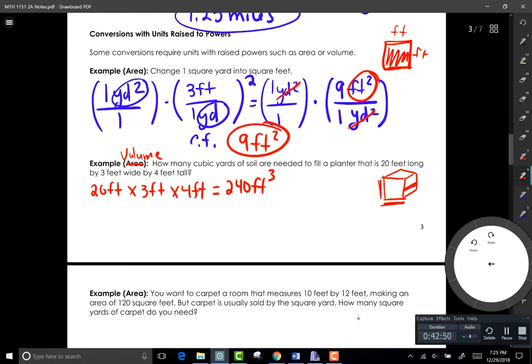Right? The 20 times the 3 times the 4 gives me 240, and the feet times feet times feet gives me feet cubed. So now I need to take the 240 feet cubed and change it to cubic yards.